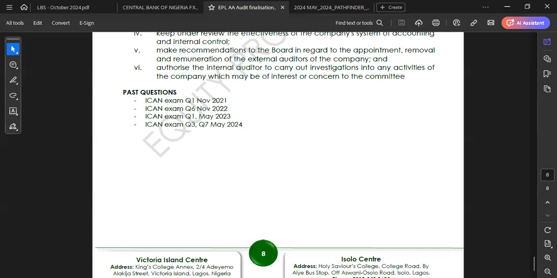So I've dropped the Pathfinder. I think I still have one other Pathfinder there. Let me know if you see that one. May 2023, that's dropped. I'm trying to drop the other ones too.